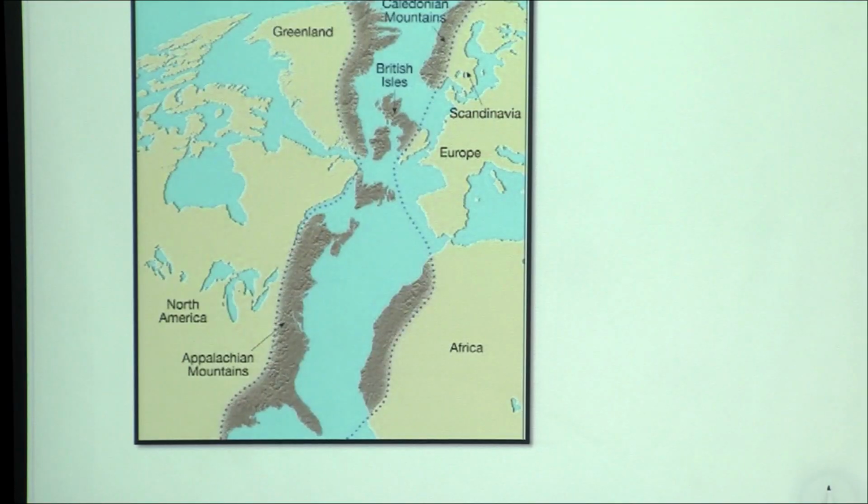That was evidence number 3. Evidence number 4 goes with the reference of rocks of the same age along with similar types of mountains. Now carefully take note of this particular diagram.